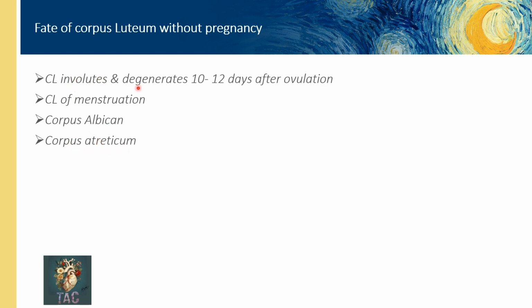And all this happens because there is a withdrawal of the estrogen and progesterone, both having a negative feedback effect on GnRH, and GnRH then has a negative feedback effect on the FSH and LH, which stop being secreted by the anterior pituitary. Because of this, the corpus luteum involutes and degenerates.